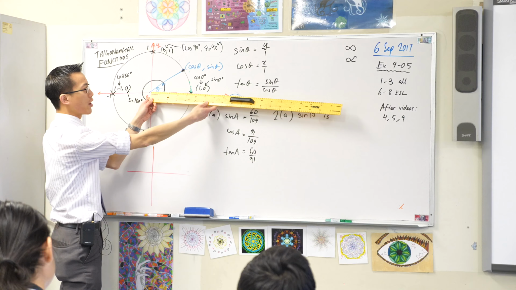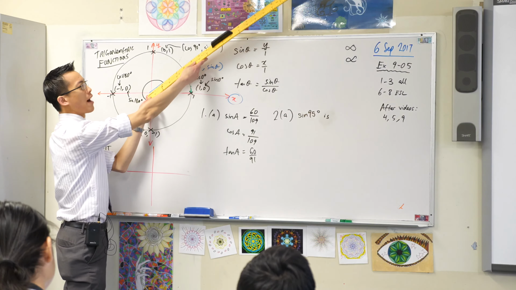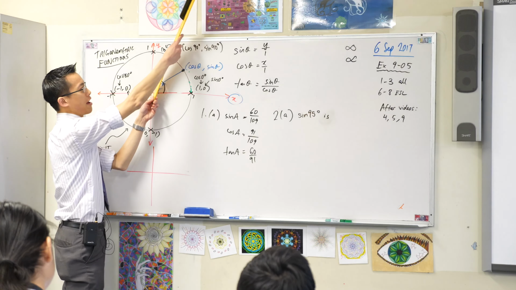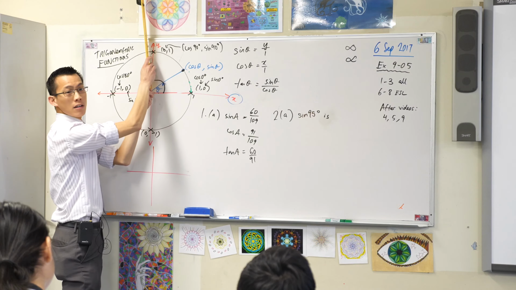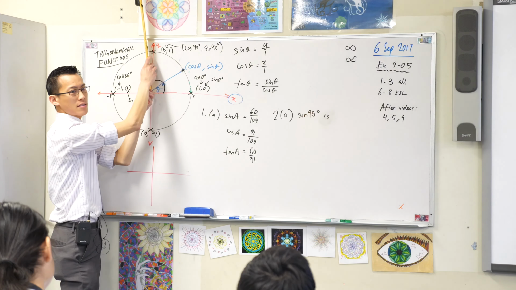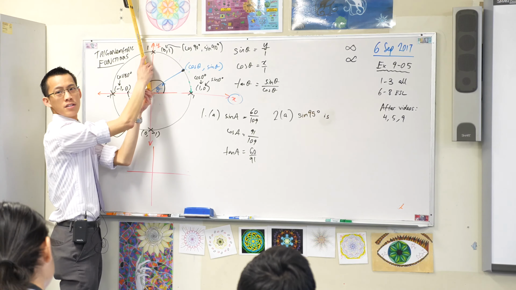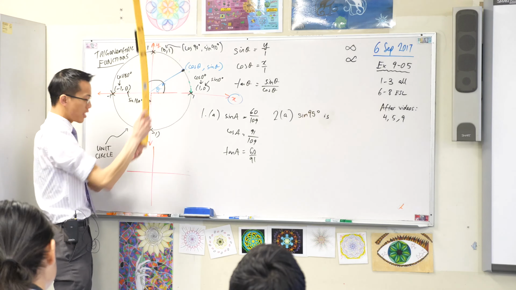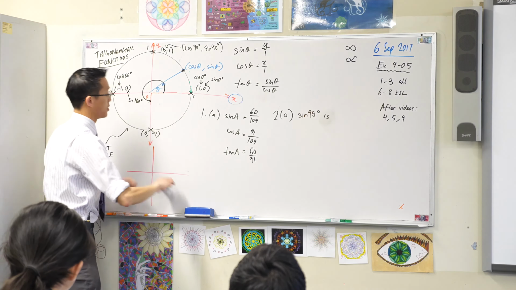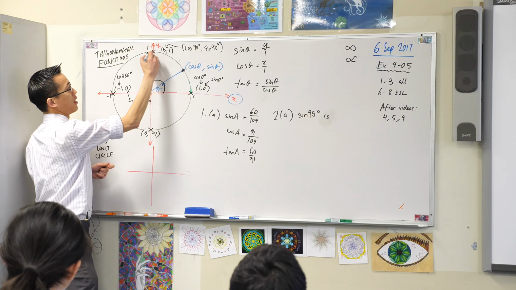So off I go, I hit 45 around there, and then I've hit 90 here, and so 95 is just a little bit further. Do you agree? Let's say 95 is like here.